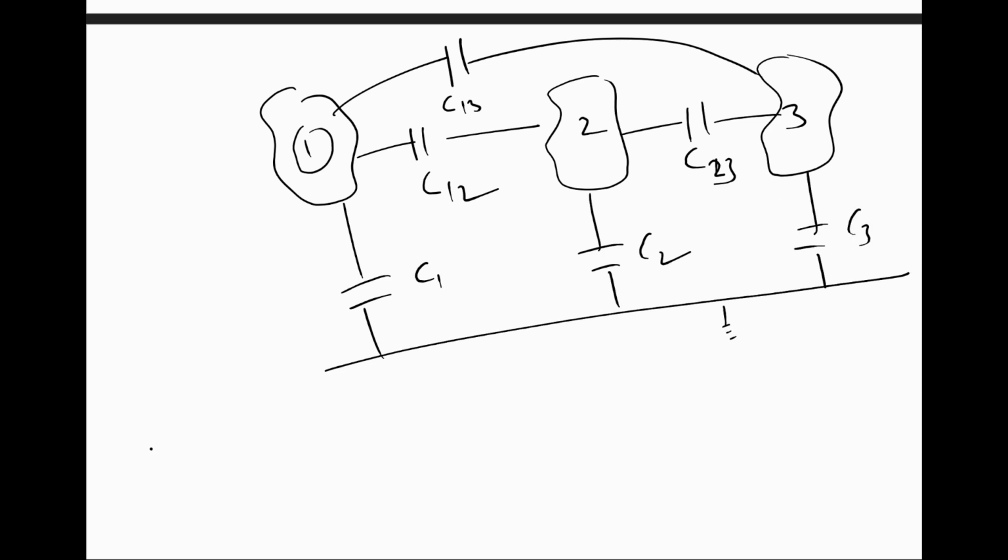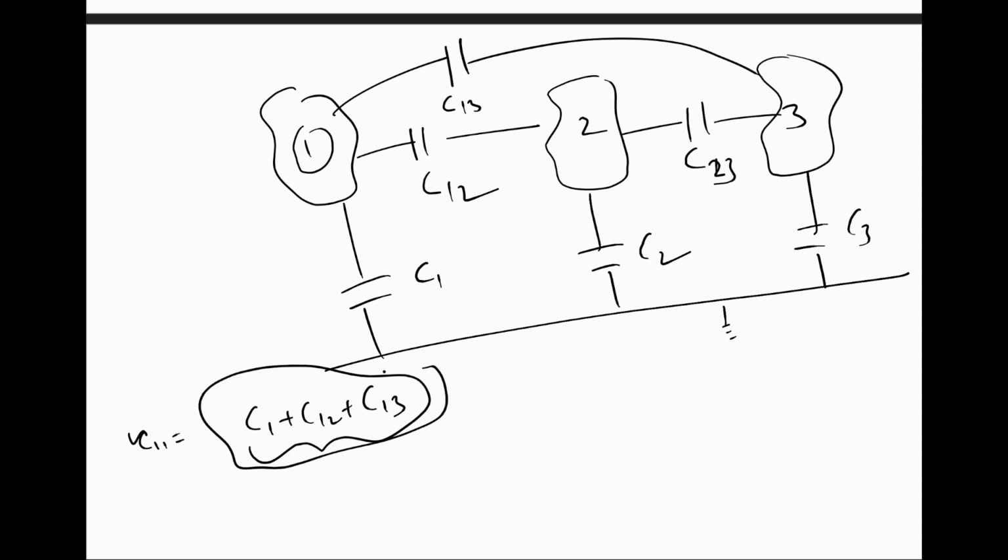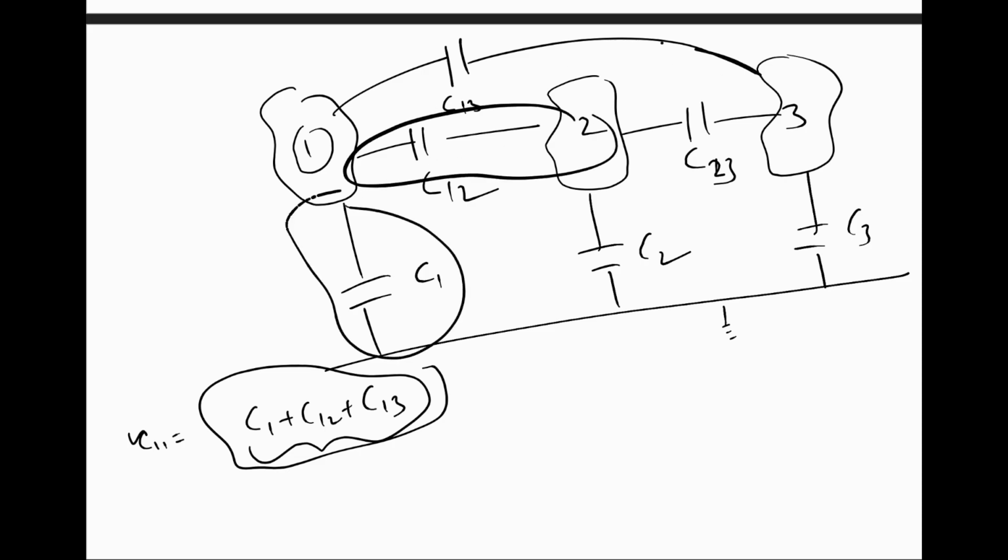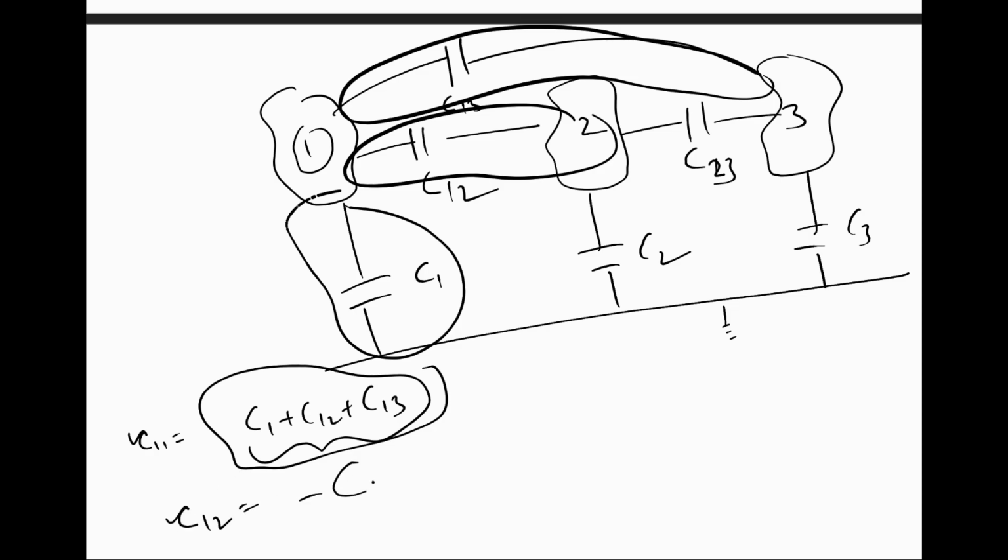So we can make a picture in our mind that C11 is actually equal to C1 plus C12 plus C13. This is the capacitance which we are habitual of. This is the capacitance between the conductor and the ground. This is the capacitance between conductor 1 and 2. This is the capacitance between conductor 1 and 3. And C12 in the matrix is simply minus of this C12.